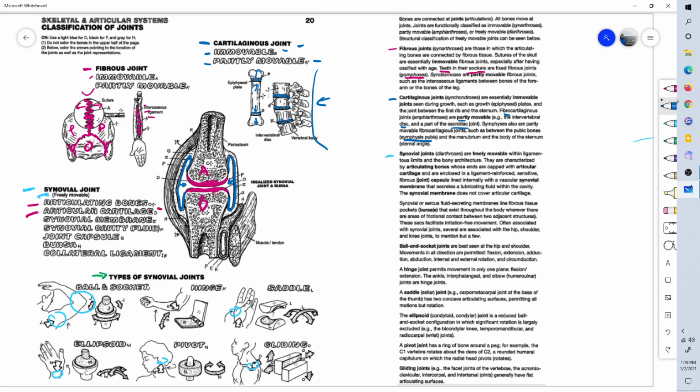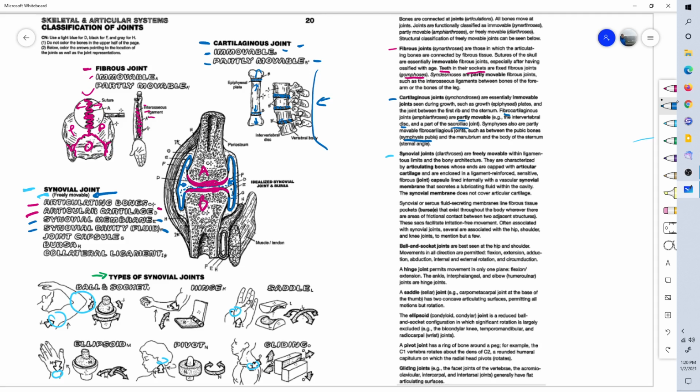It's a very, very slippery fluid that is in between the joints as well. So a slippery surface here, a slippery surface here, and then a slippery fluid makes for a very friction-free joint, and it allows for that freely movable joint. And this is the synovial cavity fluid that is created by the synovial membrane.